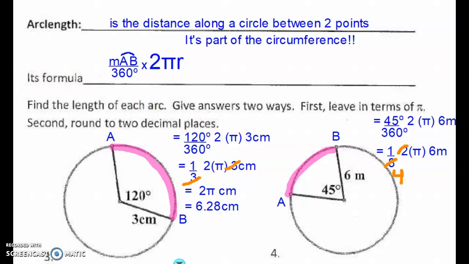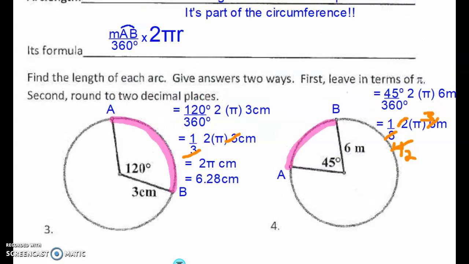And I can continue to cancel. Take a 2 out of here. That would leave me a 3. And taking a 2 out of there leaves me a 2. So, here it is. We get 3 pi over 2 meters. That's in terms of pi. And then our decimal. So 3/2 is 1.5 times pi is 4.71 meters.